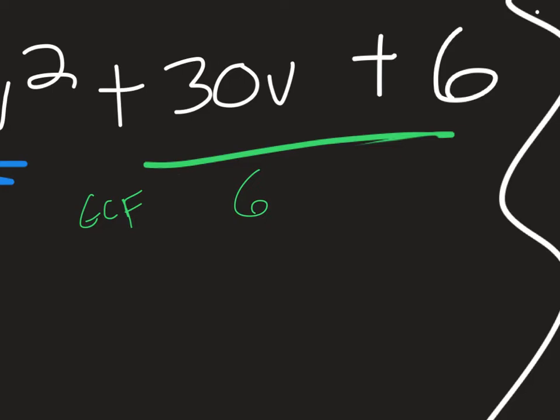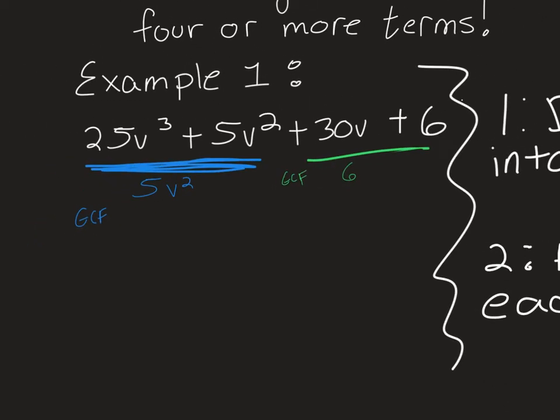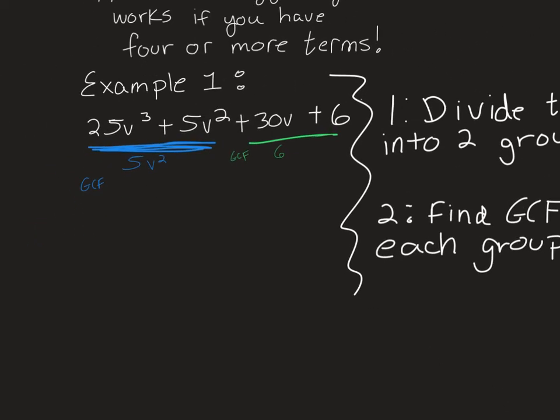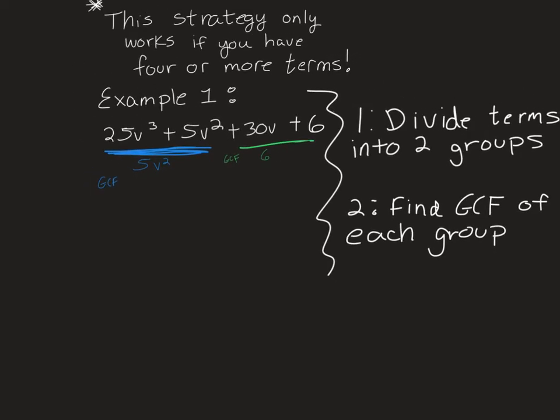And I can't factor anything else out. This one does have a V, but this term does not. And remember, you can only factor out what they have in common. That's why this is called the greatest common factor. So the greatest common factor for this set of terms is simply going to be a 6. So I've now accomplished step 2, which was to find the greatest common factor of each group.